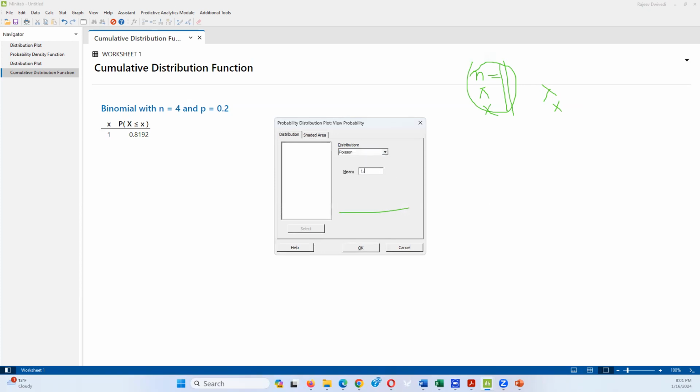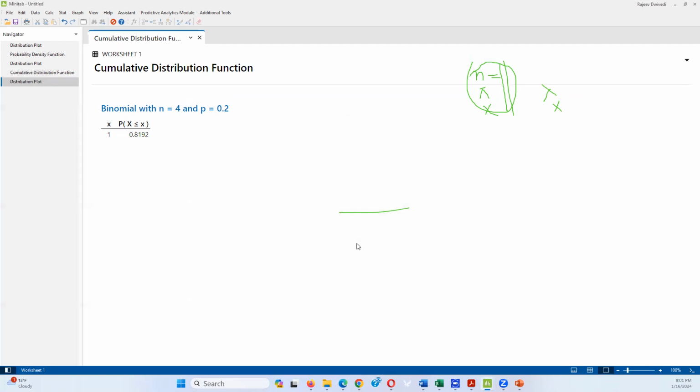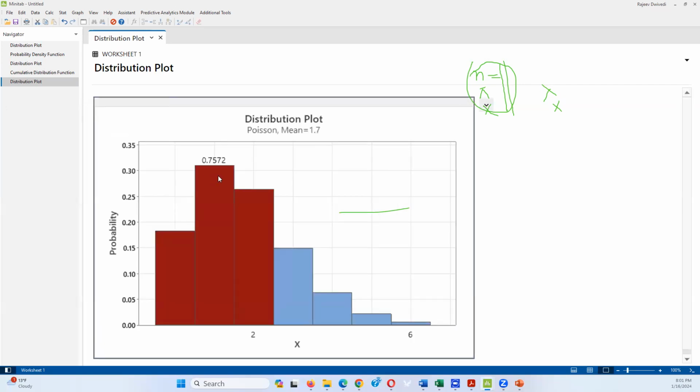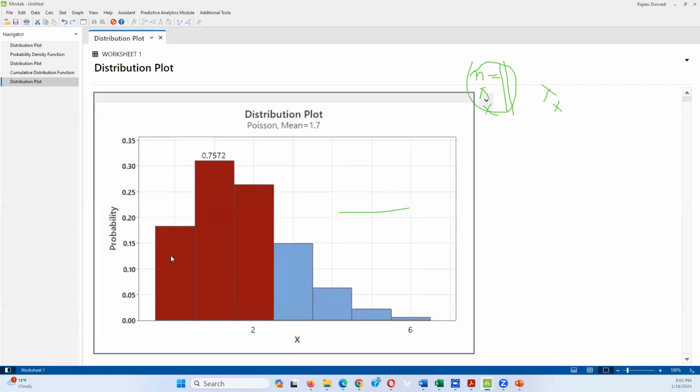Mean is 1.7. We need only the mean and the X value, and this is the left side. You can see the total value is 75%. Direct answer, because it is adding 0, 1, 2, all 3 values together. So 75%, clearly you can see.